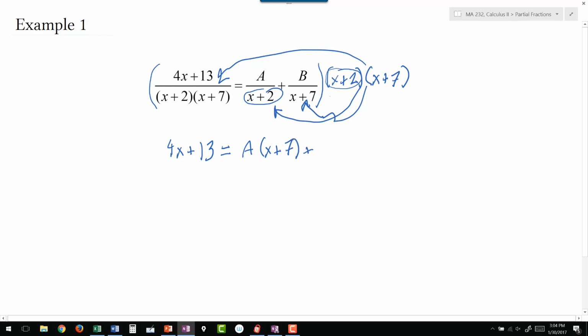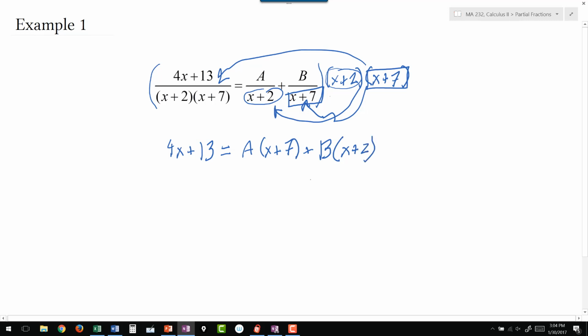Similarly, for the second term on the right, the x + 7s cancel, but that would leave me then with an x + 2. So I get B times (x + 2).